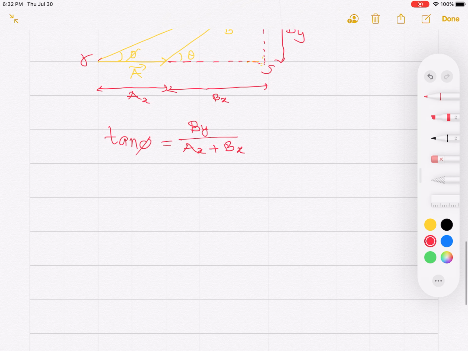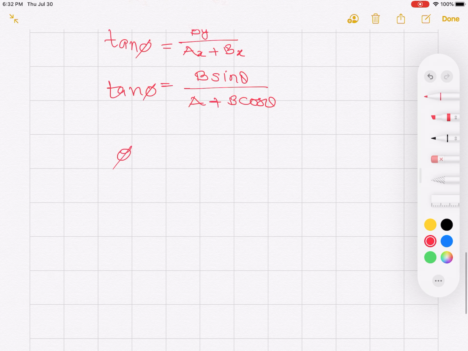Now you need to just replace the value of by. By is b sine theta, divided by ax plus bx, which is simply a plus b cos theta. This is tan phi, and you need to find out angle phi. So this is tan inverse of this value.